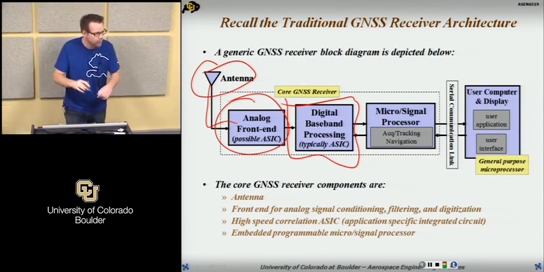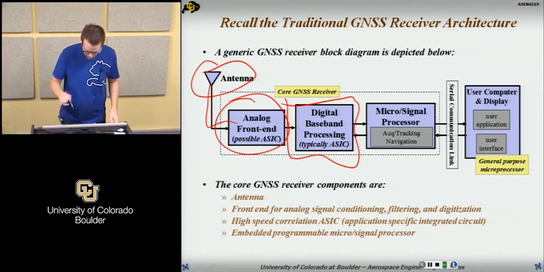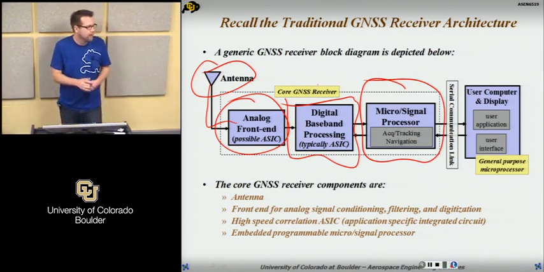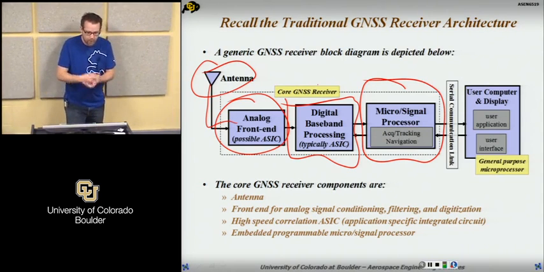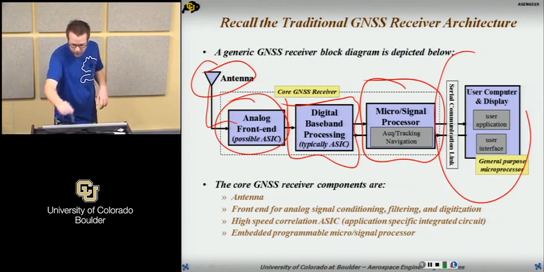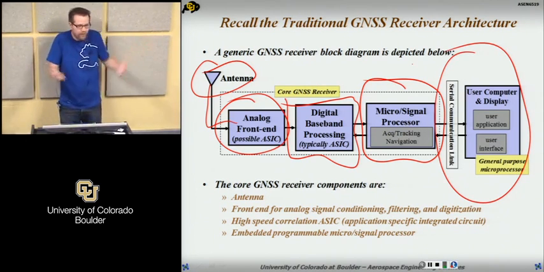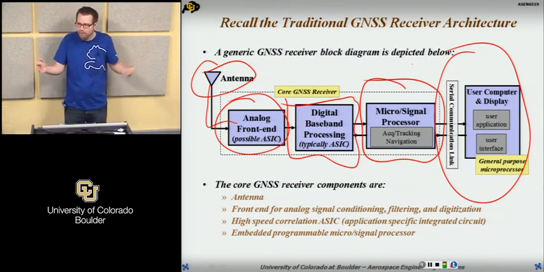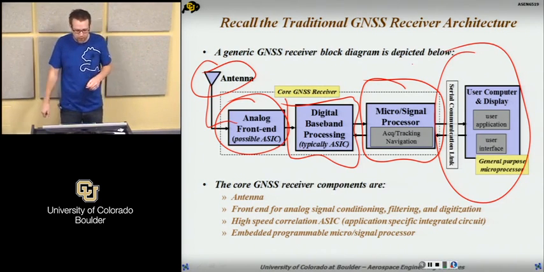All right, I'll go through it quickly today. It's not too difficult. We also have a microprocessor that talks to the baseband processing and controls the entire scenario: what signals to look for in acquisition, what signals to track. And then the actual measurements we make have to end up somewhere with the user, otherwise we're wasting power.